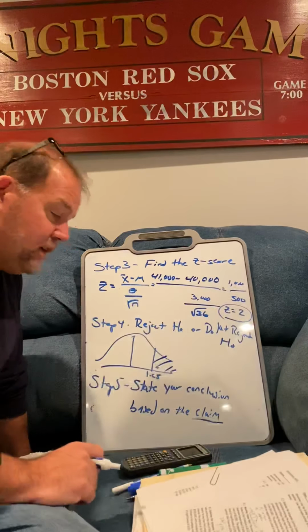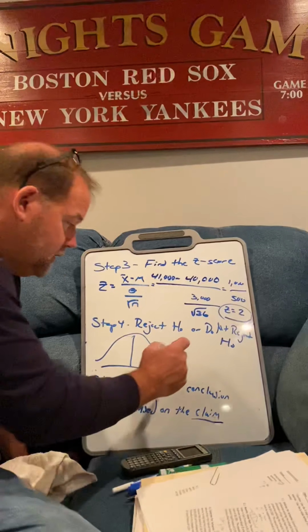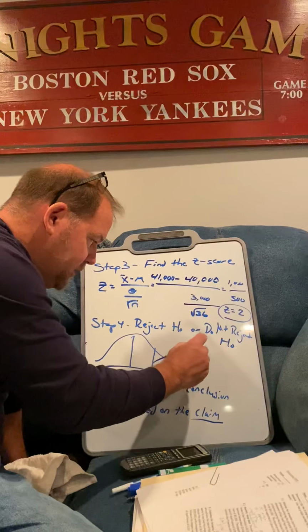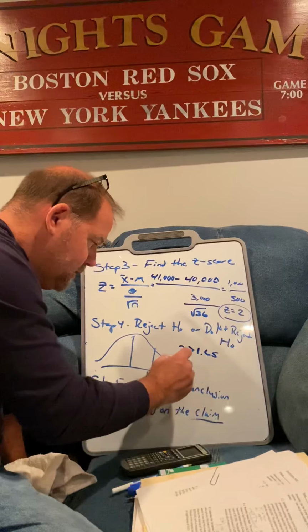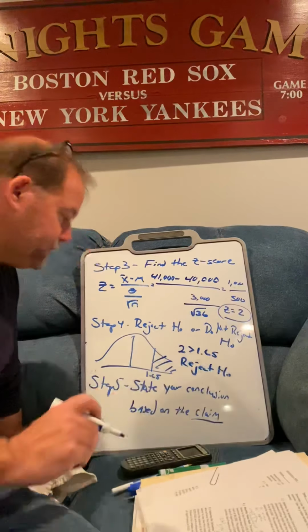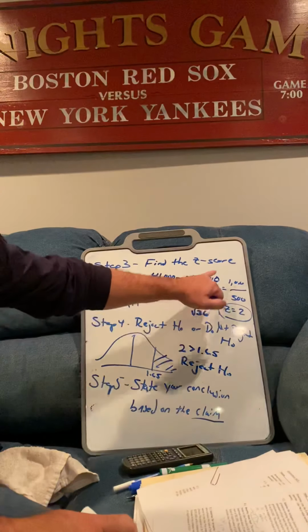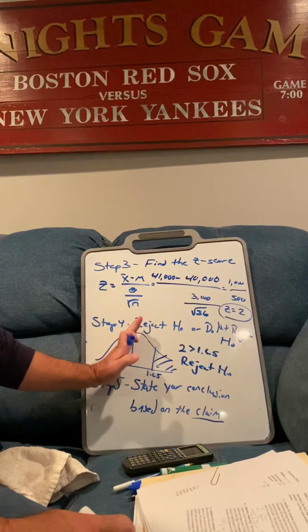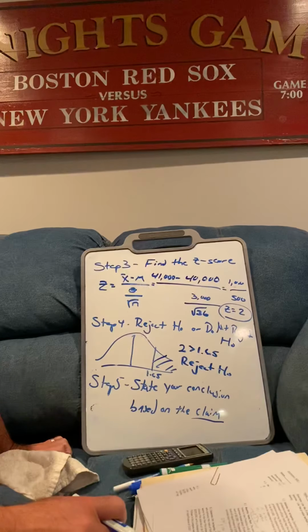Well, our z-score is a 2. So since 2 is greater than 1.65, we are going to reject the null. If this had come out to be 1, we wouldn't have rejected it. But because it was 2, we are going to reject the null hypothesis.